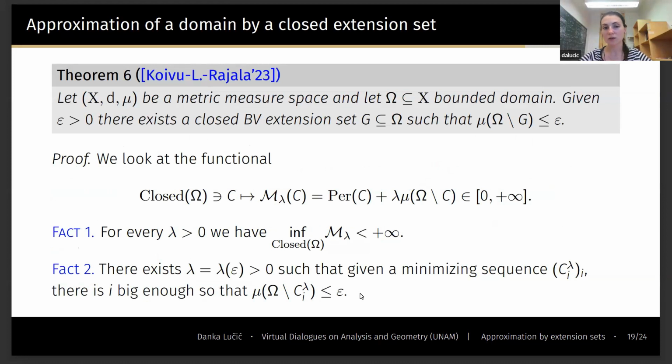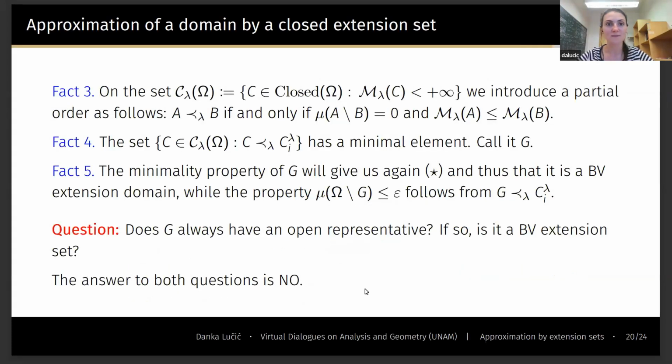Okay. Now you have found this set which is near in measure, and it is closed, so we almost have our candidate for the BV extension set. Now we take all closed subsets of omega where the functional is finite, and on this set we can introduce a partial order.